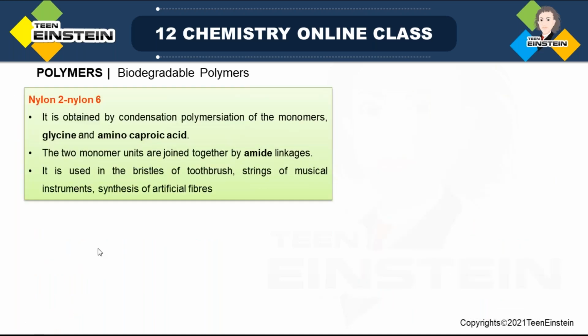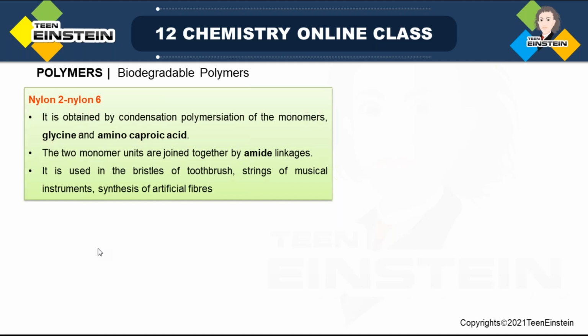The second biodegradable polymer is nylon 2 nylon 6. Remember, we have discussed nylon 6 and nylon 6,6, but this is something new we are seeing. In nylon 6, we use a monomer where both NH2 and CO2H groups are present. When it is nylon 6,6, the monomers are 2 different monomers: in one monomer there is an NH2 group, in another monomer there is CO2H.